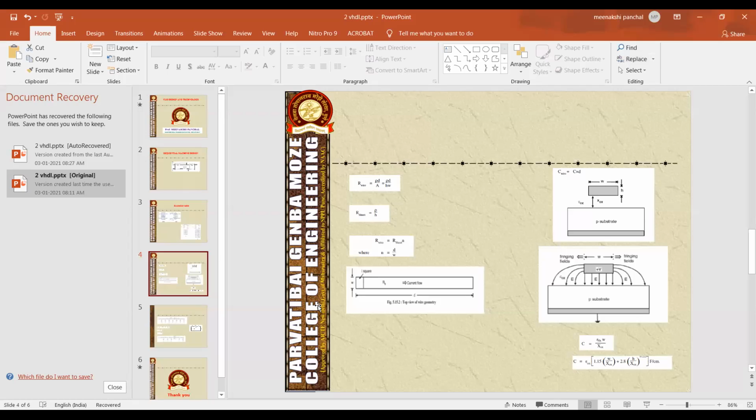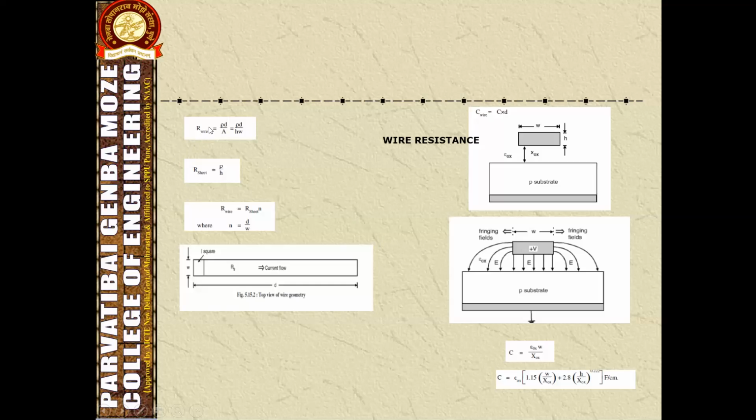Let's see wire resistance. The resistance of the wire is given by the equation R wire equal to rho D by WH.